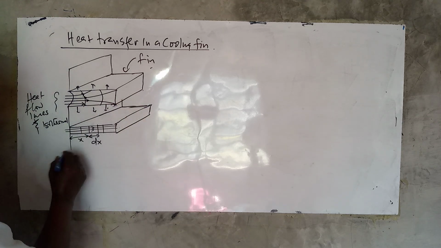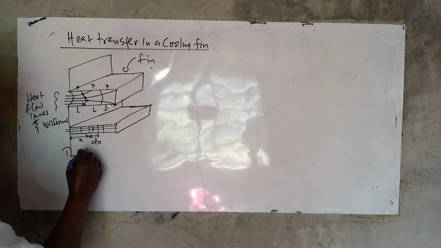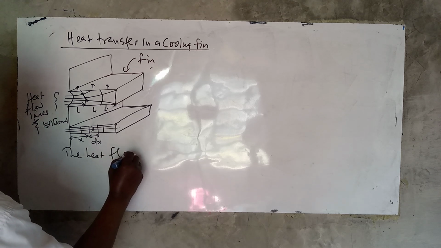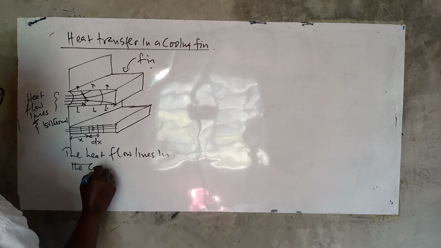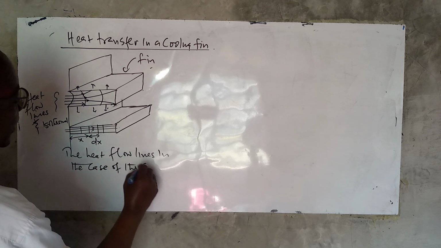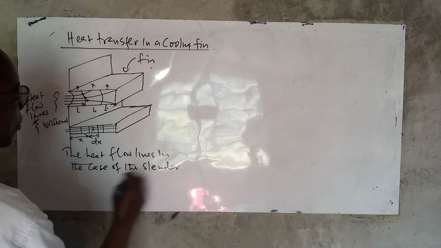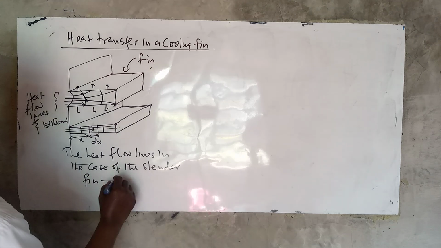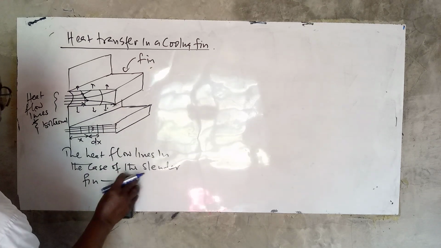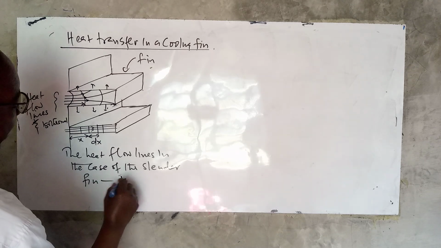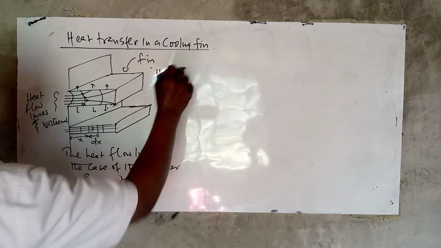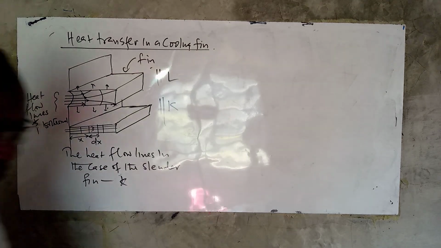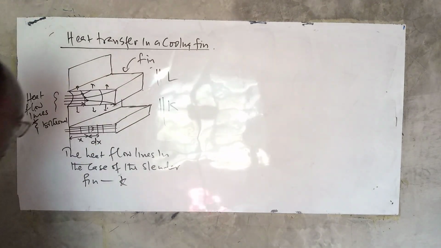The heat flow lines in the case of the slender fin, let's call it K. This slender fin here, we are calling it K. This one, let's call it L, just for the sake of differentiation between those two fins.